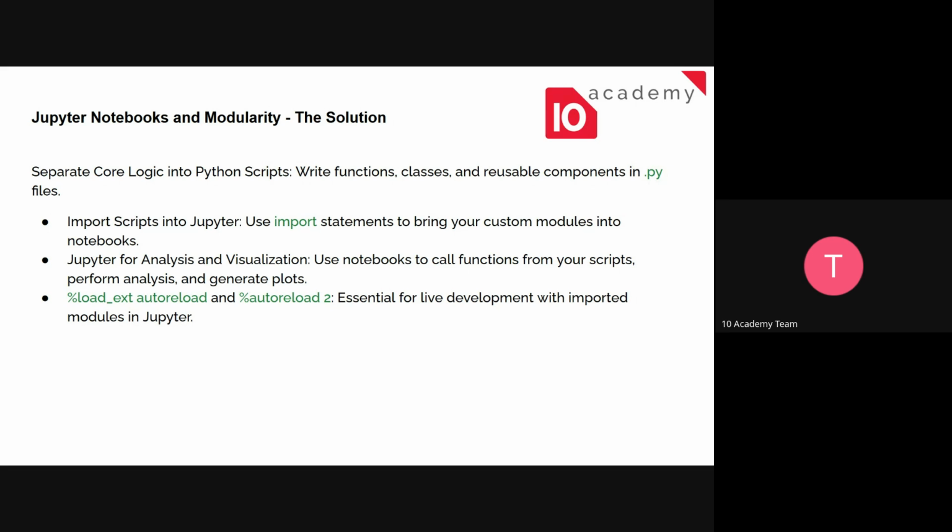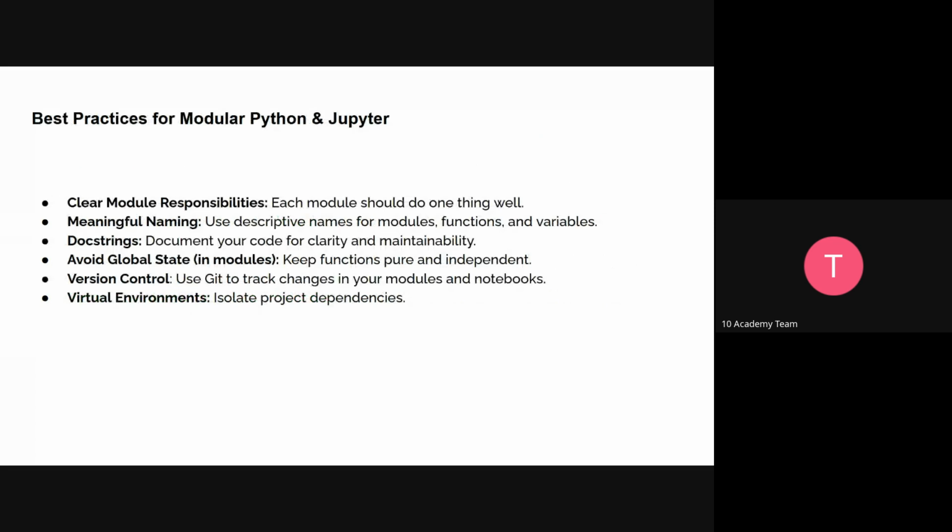Autoreload is essential for live development with imported modules in Jupyter. So we start using the notebook and use the load_ext autoreload extension, so that every time we make a change, we don't need to reload from the beginning.